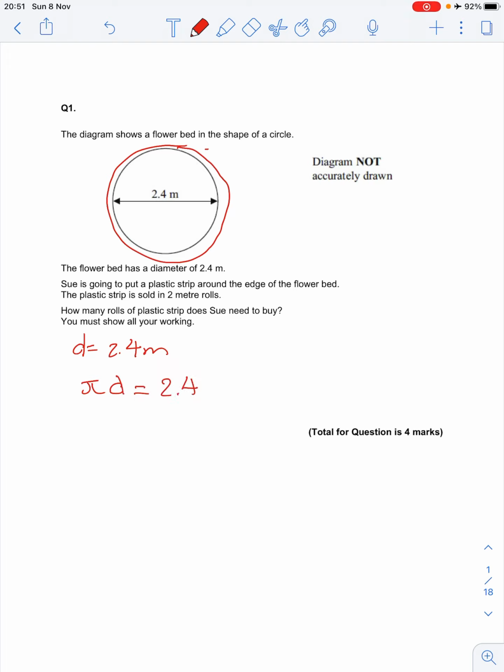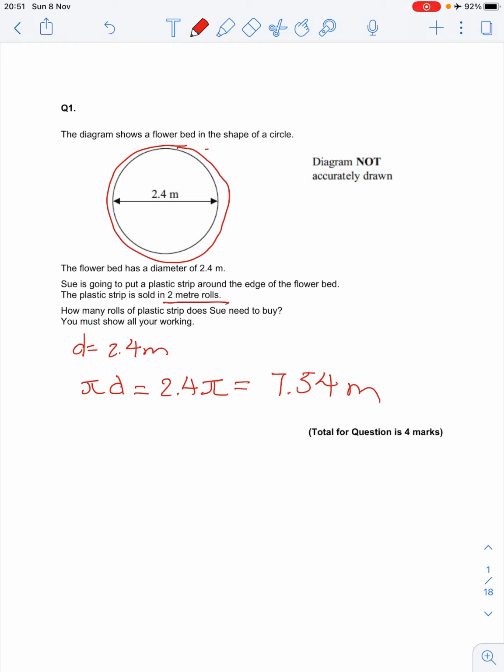So it's 2.4 pi. If you type it into your calculator, you get 7.54 meters. Then remember it's sold in 2-meter rolls.